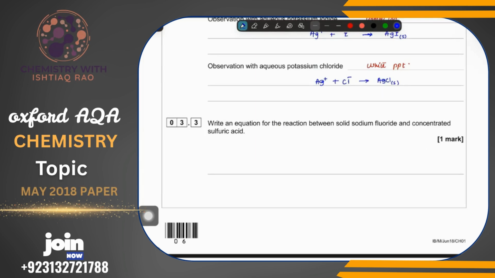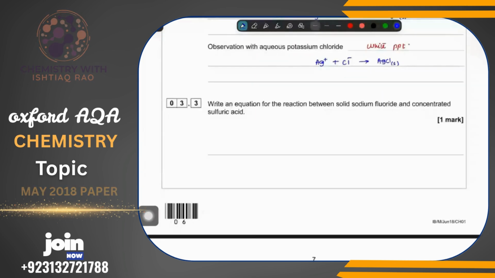Now, write an equation for the reaction between solid sodium fluoride, that is NaF, and concentrated sulfuric acid, that is H2SO4. Possibly I can say it gives you the salt, sodium hydrogen sulfate, NaHSO4, and then it's going to give you HF.